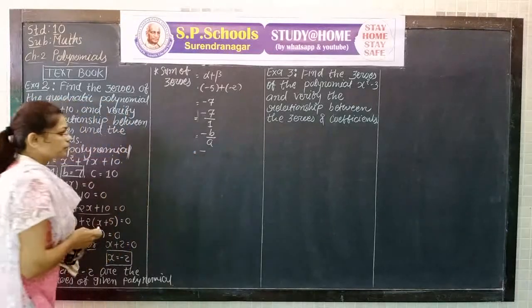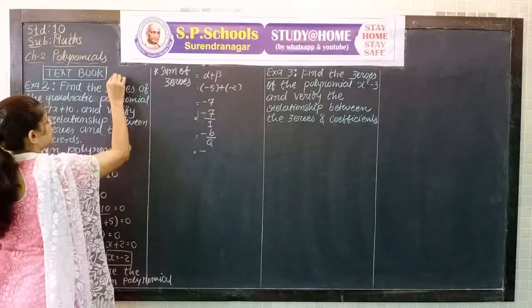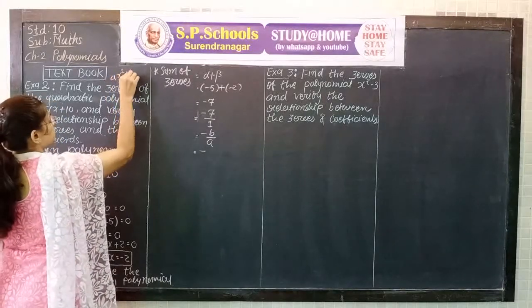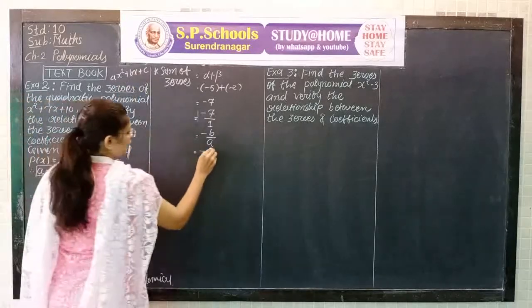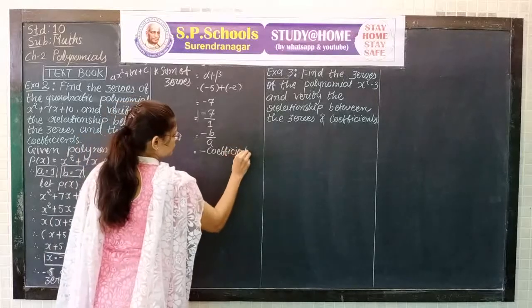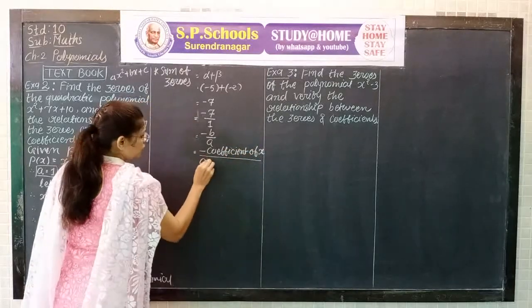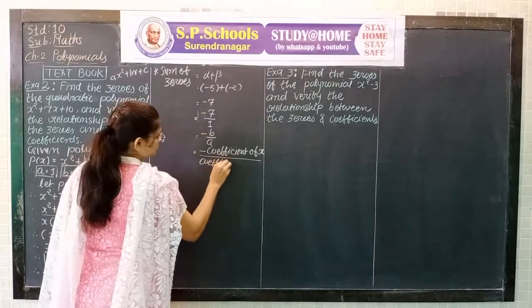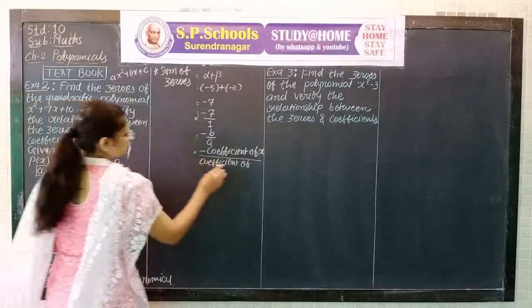For the quadratic polynomial, if you don't know, then remember the standard form, ax square plus bx plus c, where b is the coefficient of x and a is the coefficient of x square.